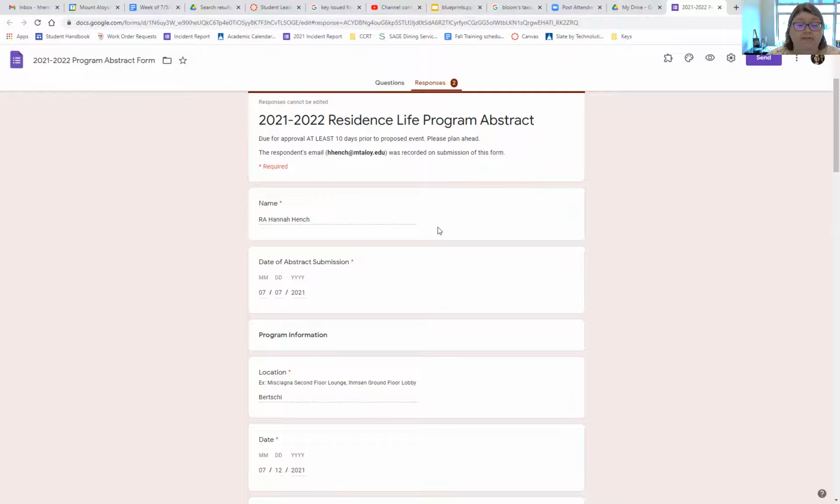I would say it's safer to do it earlier in advance than 10 days, especially if, for example, supplies are needed or advanced planning is needed, but you want to make sure that those 10 days prior to your program are followed. So you'll see here that the first piece of information that you fill out is your name. Simple enough, but you want to make sure, just as would be in your duty log, that you fill out both your first and last name.